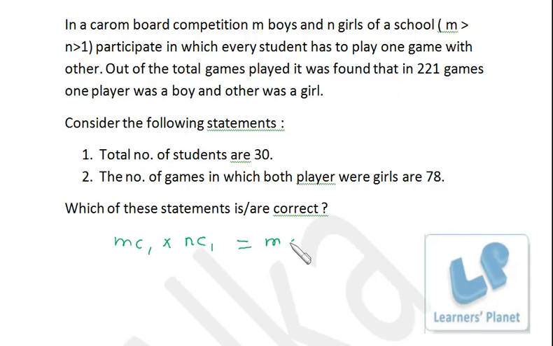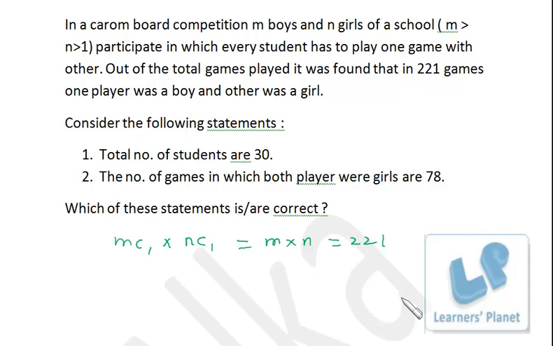So in all, M into N games will be there, and this M into N is nothing but 221. One boy and one girl. Out of M boys we are selecting one boy, out of N girls we are selecting one girl, right? So we'll be getting total M into N combinations, which is given to us as 221.